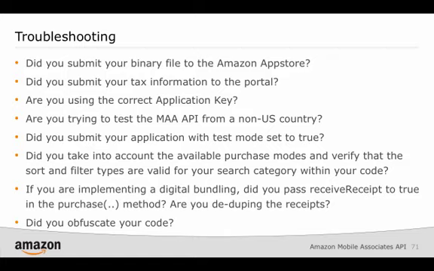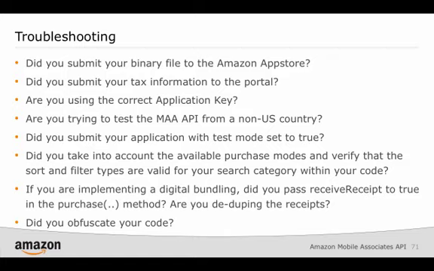Also, if the application key and associated package name entered in the Amazon Developer Portal do not match the values used by your app, payments will not flow through either. If you're trying to test out the MAA API from a non-US country, make sure that you have set the Enable Testing flag to true, and please make sure that you set it back to false when submitting your app for distribution.